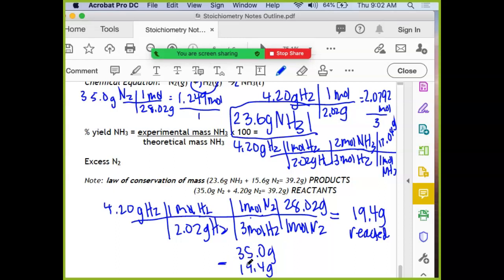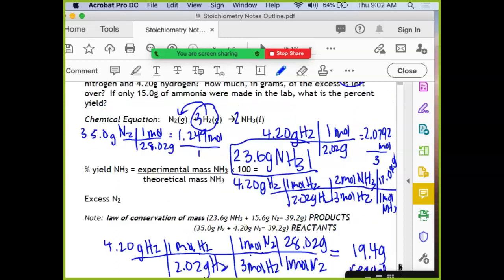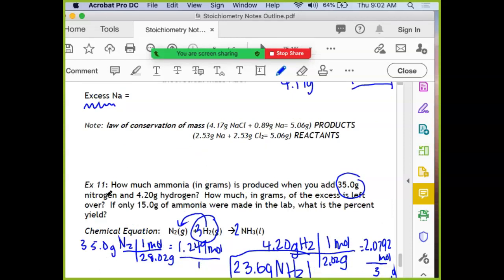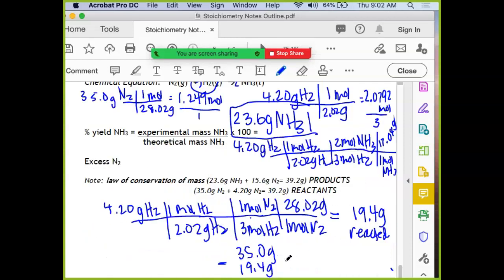The difference between the starting amount given in the problem, you had 35 grams to begin with, and what we got using our stoichiometry is your excess. So 35 minus 19.4 leaves us with 15.6 grams of nitrogen unreacted, excess, left over.